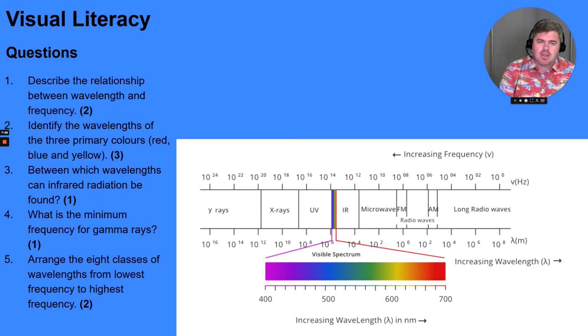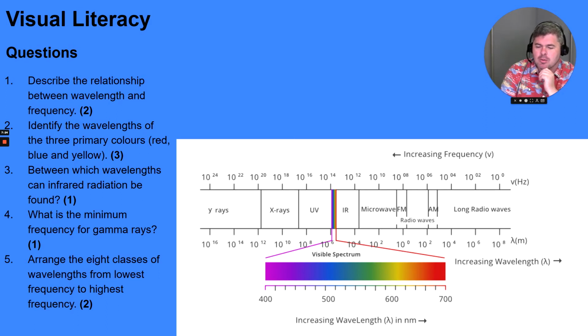The important thing is that you understand what the diagram is telling you. So get familiar with different types of visual literacy. Get used to flow diagrams, get used to charts, get used to tables, and being able to understand what that information is saying. So, here are the questions.